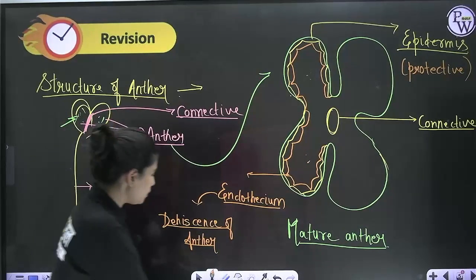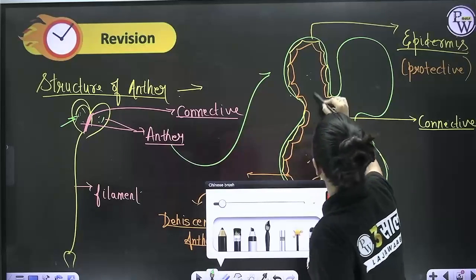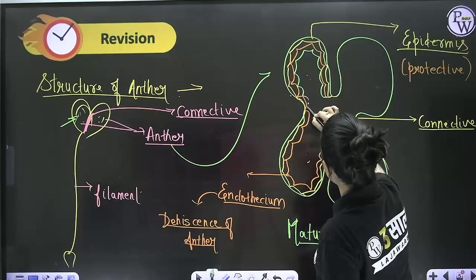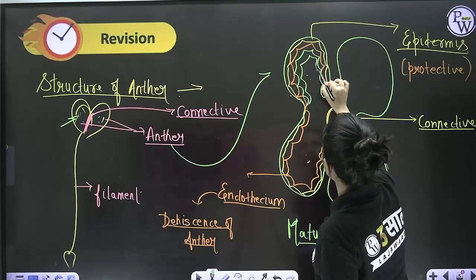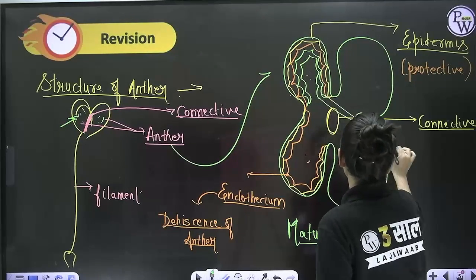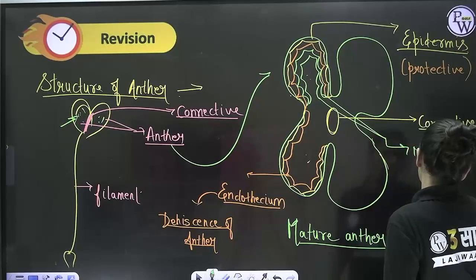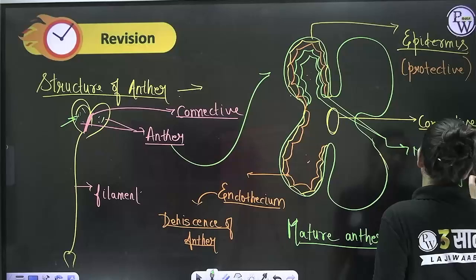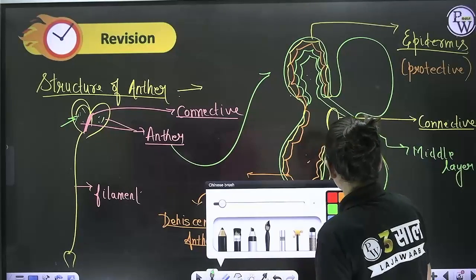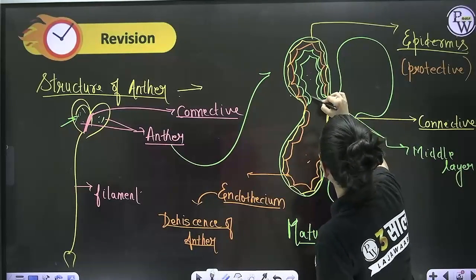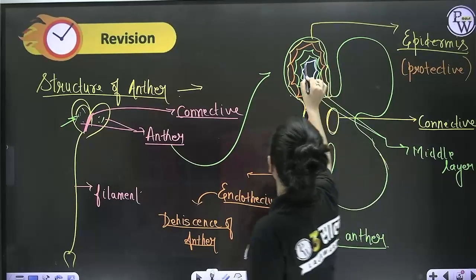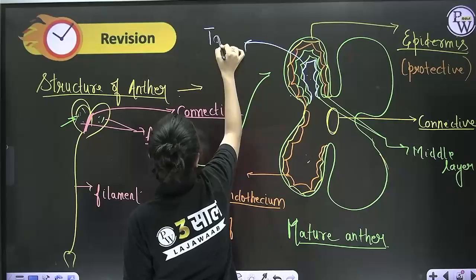Now below this is a few-layered thick layer called the middle layer. No, not as such functions are associated with it. And finally, below this middle layer, we have one more very important layer, which is known as the tapetum.